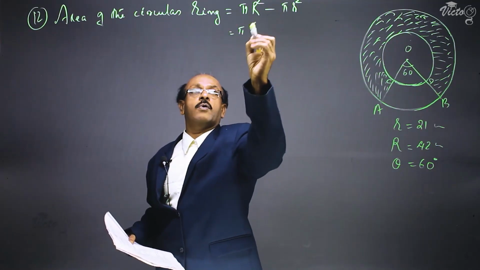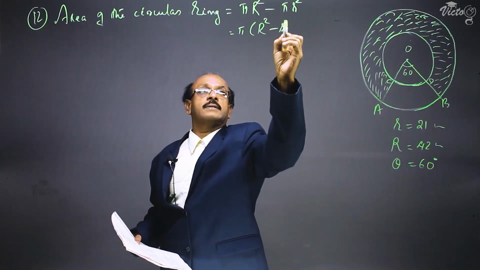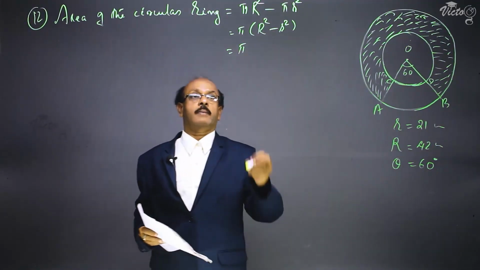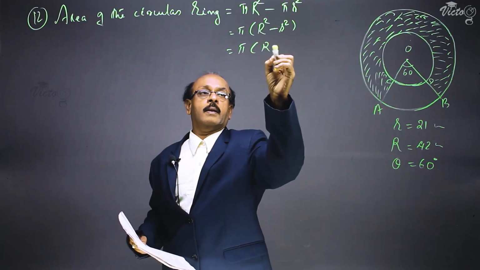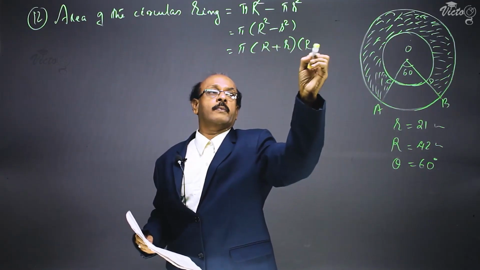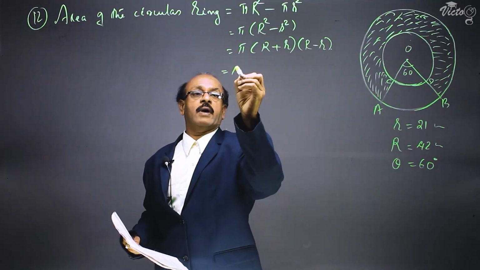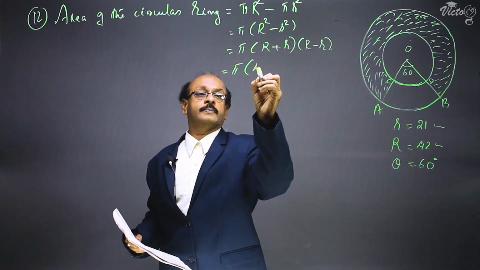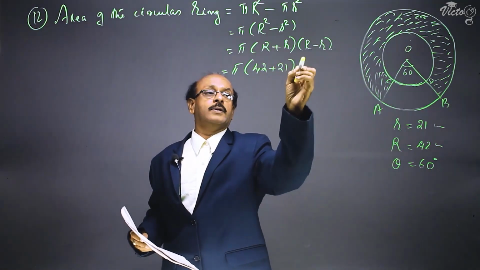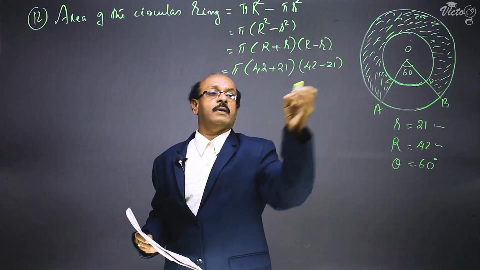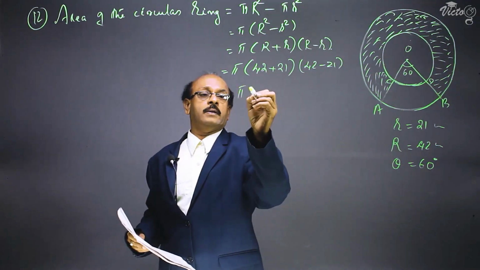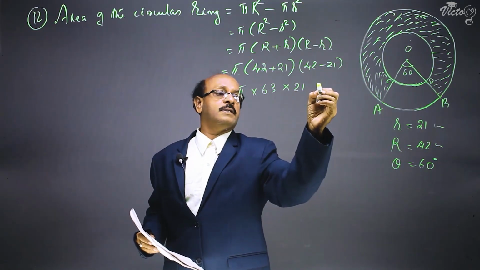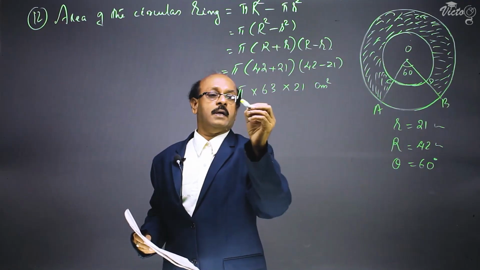Taking pi as common, it is R square minus r square, which is equal to R plus r into R minus r. Giving values, 42 plus 21 into 42 minus 21, which is equal to pi into 63 into 21 centimeter square, the area of the circular ring.